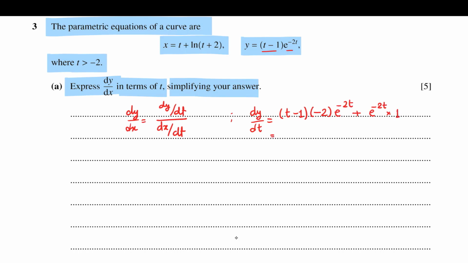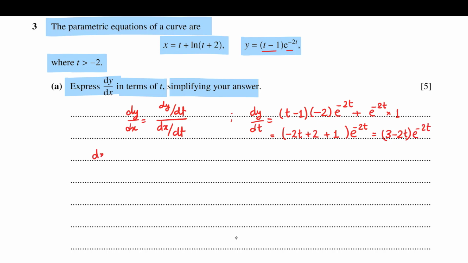So ultimately we get e to the power minus 2t common, and we are left with minus 2t plus 2 and plus 1 from the second term. So finally we have 3 minus 2t times e to the power minus 2t, that is dy over dt.